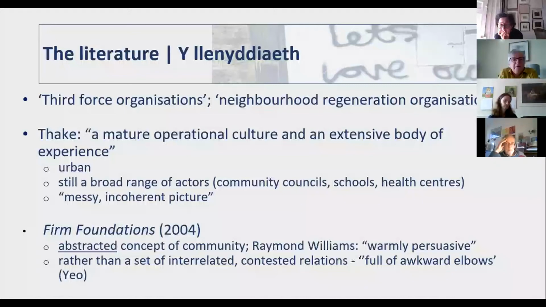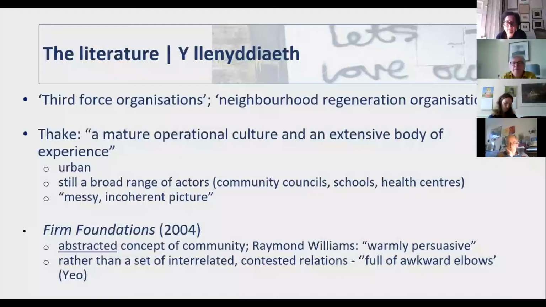And Stephen Thake still recognises a messy and incoherent picture, which I think is interesting because the term anchors, specifically for Sue's benefit, but everyone else as well, you can find it in the 2004 New Labour document, Firm Foundations. But again, it still has this very abstracted concept of community, a term that Raymond Williams, in his Keywords book from the mid-70s, calls a warmly persuasive word.